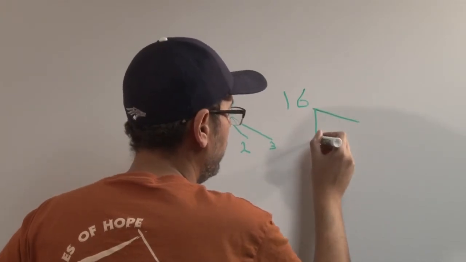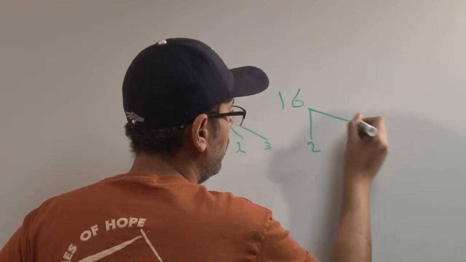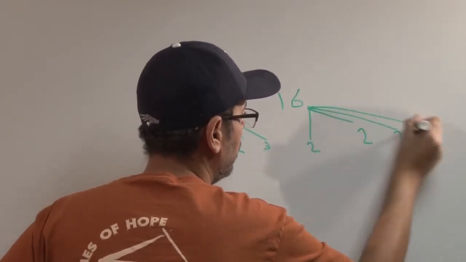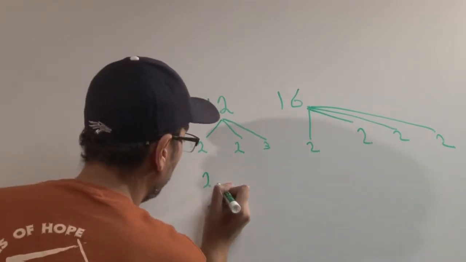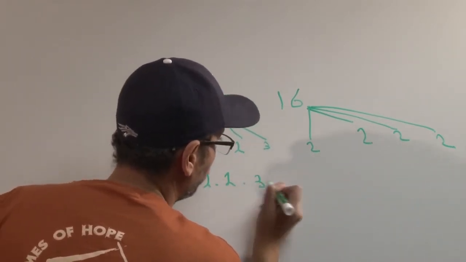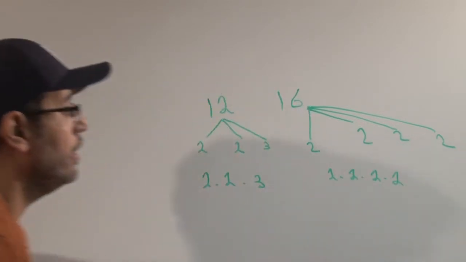And 16? 2 times 2 times 2 times 2. So this is 2, 2, and 3, and this is 2 times 2 times 2 times 2.